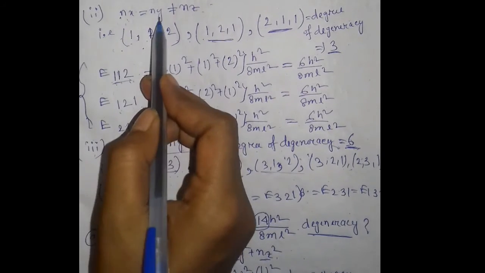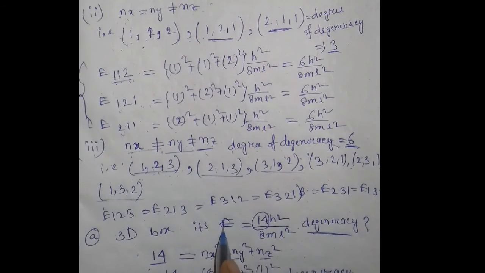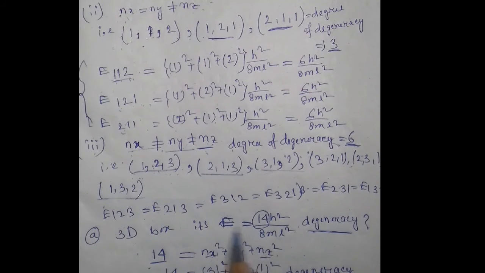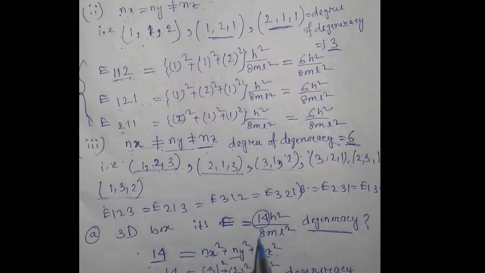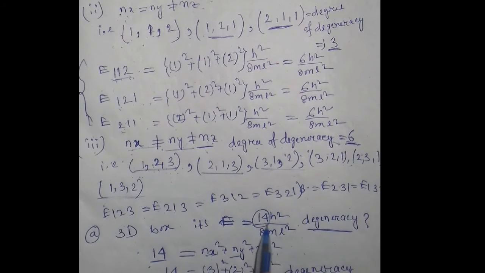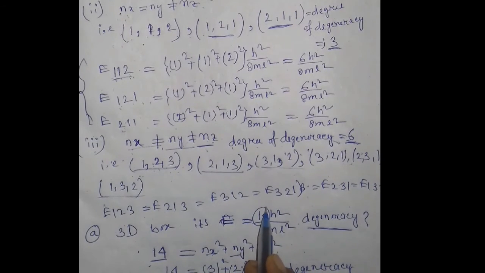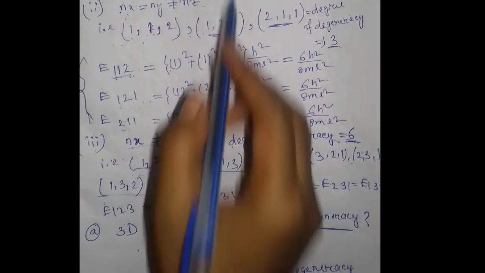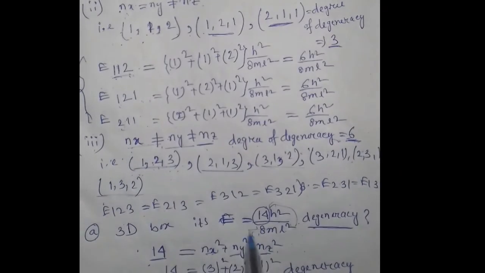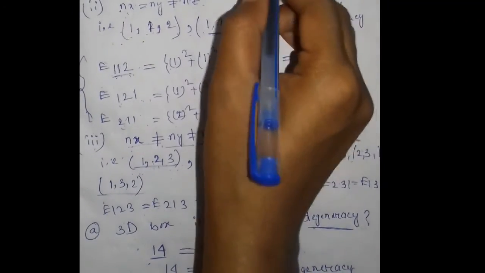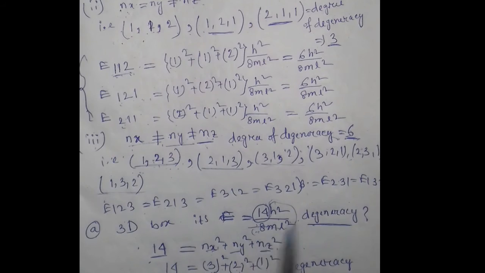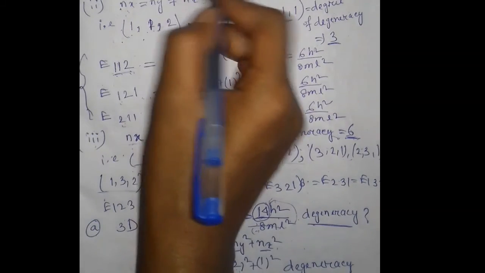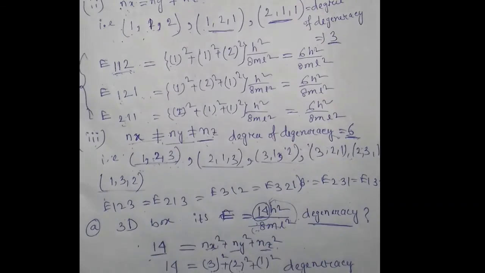Whenever we get the energy value, first we have to check it. Since h square by 8m L square is the common portion, if we compare both equations, this term is comparable with that term.